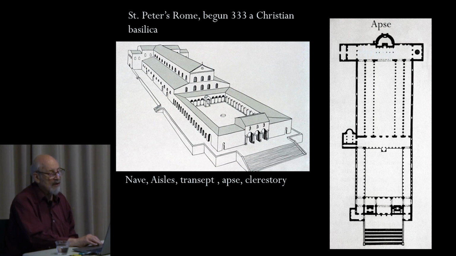It was a very long space with a central nave leading to an apse, the semicircular enclosure at the end, double aisles on either side. So this was one of the first large Christian churches. It preceded the St. Peter's that we know today.